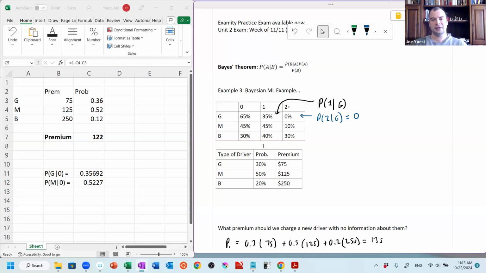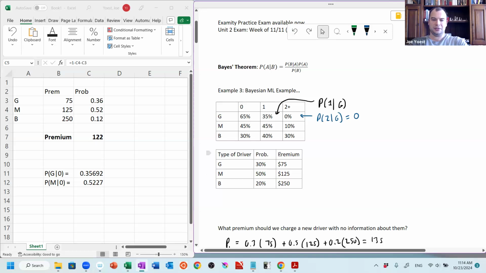But since our model is saying that it is literally impossible for a good driver to get in 2 or more accidents in a year, if somebody did, they cannot be a good driver. It's literally impossible under our model. So we want to be cautious about putting zeros or 100% into models because things like this can happen that we probably don't intend to happen.